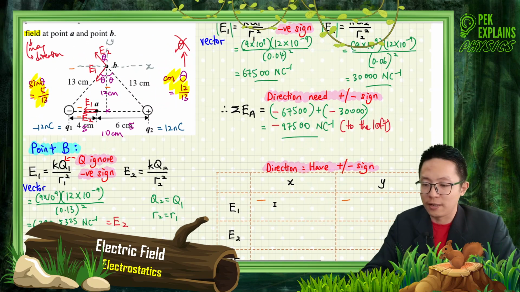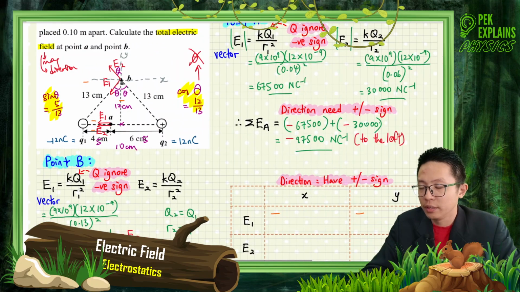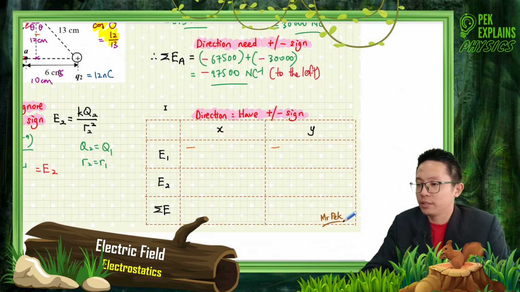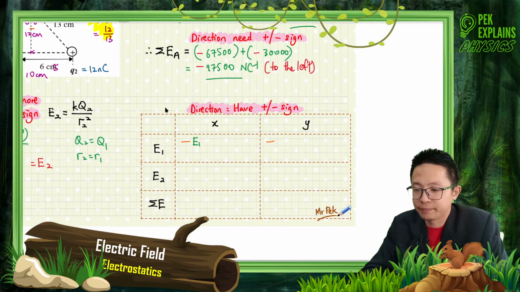So for E1, let's look at E1 first. The x component uses sin theta, because it has no angle, so it's the opposite side. So we put E1 sin theta.